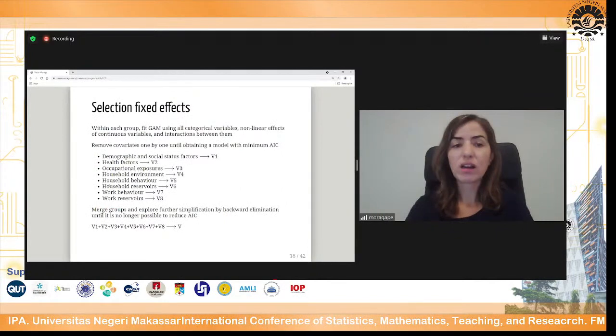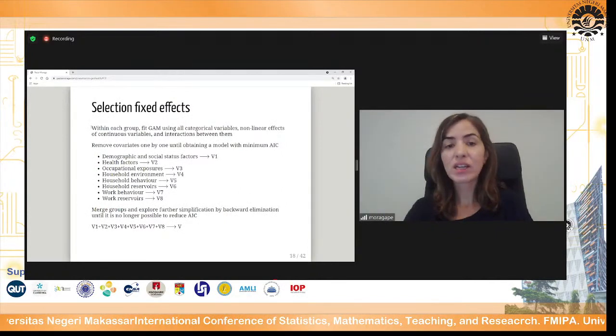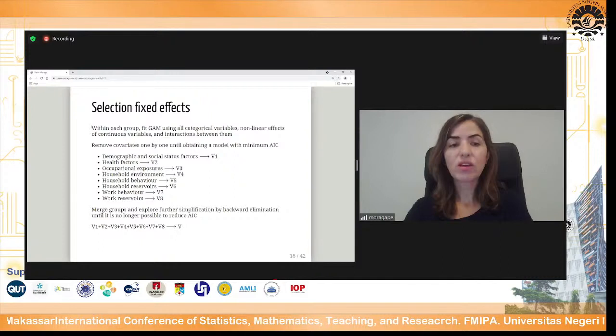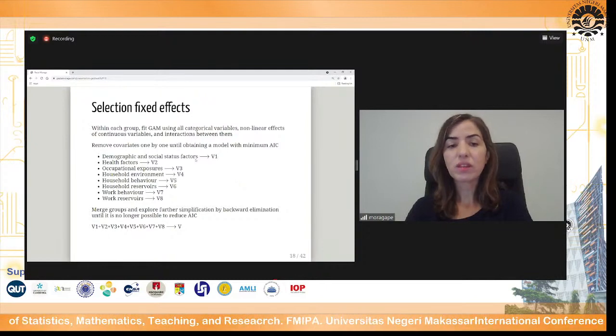And we did that by fitting a generalized additive model, using all the categorical variables, nonlinear effects of the continuous variables, and interactions between them. Then we removed covariates one by one until obtaining a model with the minimum AIC. Covariates in each of the groups.